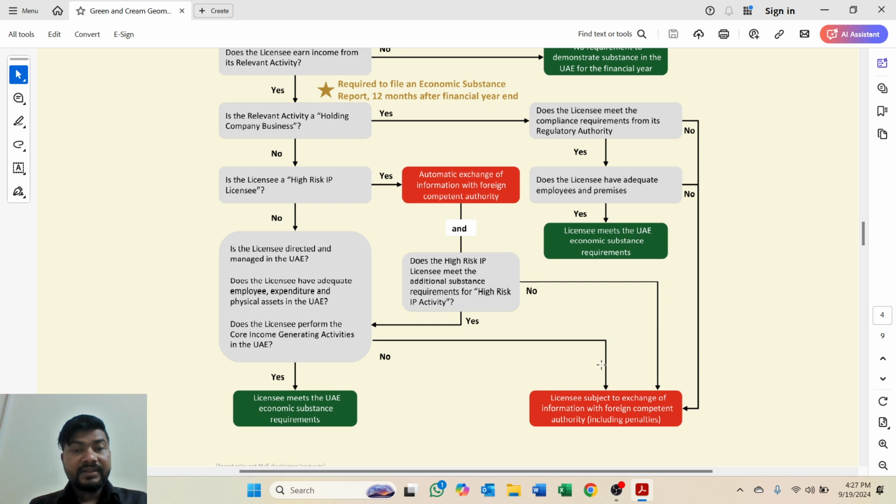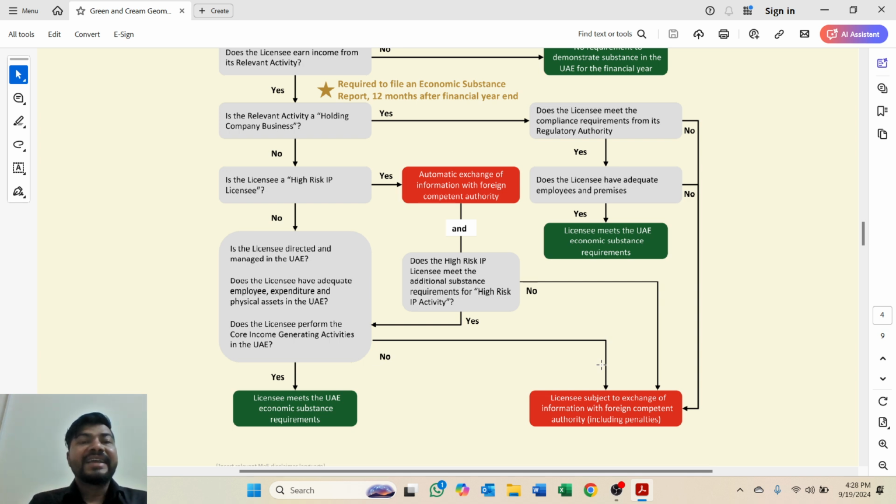If yes, then okay. If no, then first, they automatically need to exchange the information. Now a fine will apply to them. If yes, in that case, we'll see the chart. Let's come to high risk intellectual property. If yes, we discussed they need to exchange information.